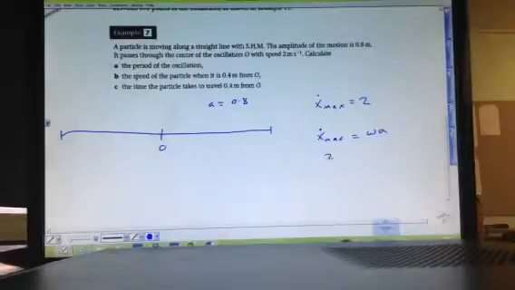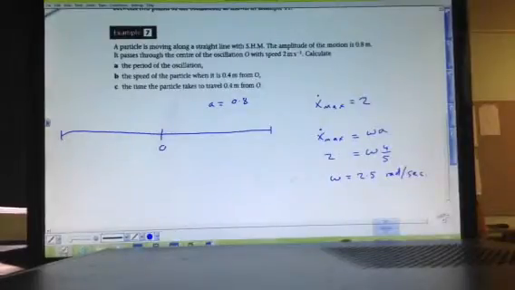You've got 2 is equal to omega times 4/5. So times by 5 divided by 4, did we get 2.5? So 2.5 rads per second. That's the angular speed we just worked out.